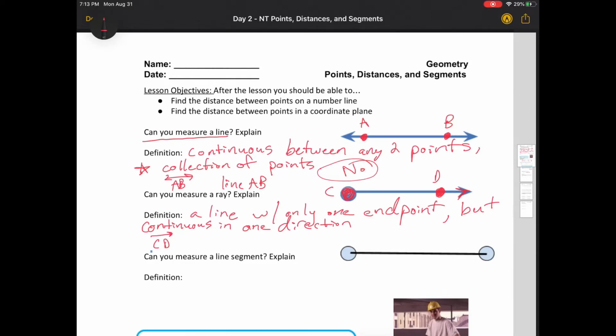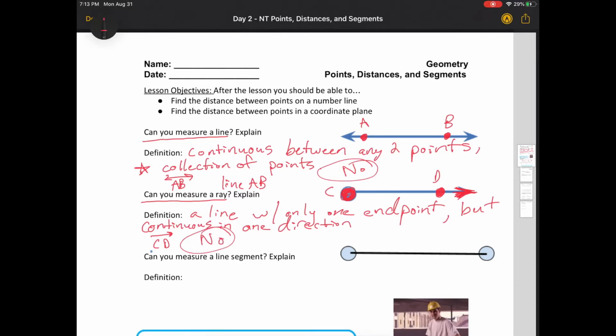Okay? So now the question for this one, again, is can you measure a ray? Just like before, we have one end where it is infinite in one direction. It goes on forever. But there is a hard stop here. We still cannot measure it, though. There is one direction where it goes on forever, which does not allow us to measure it.